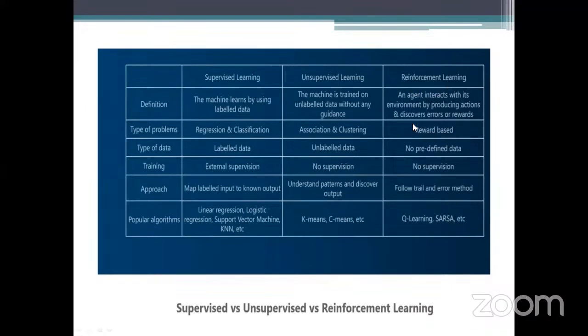And reinforcement learning is reward based. The third thing is the type of data. Which type of data are we going to use? First is labeled data for supervised learning. For unsupervised learning, it is unlabeled data. No name is given. For reinforcement learning, there is no predefined data.